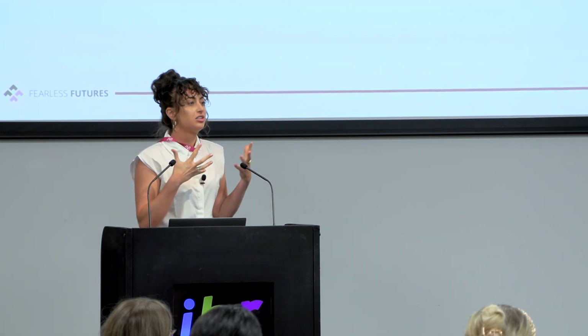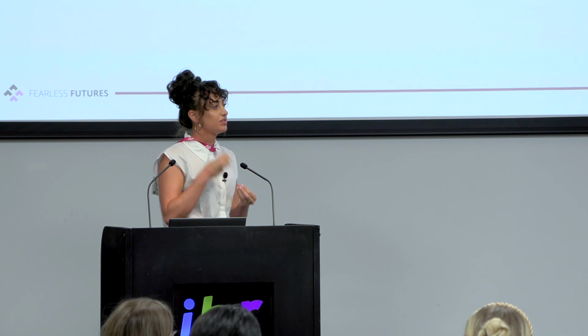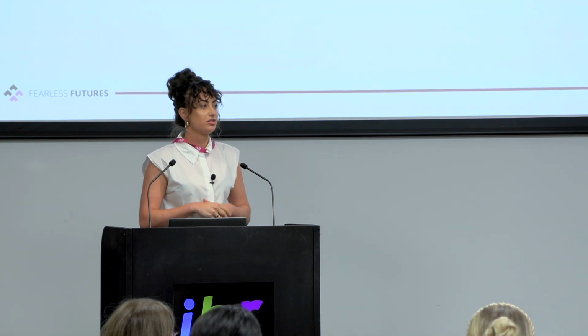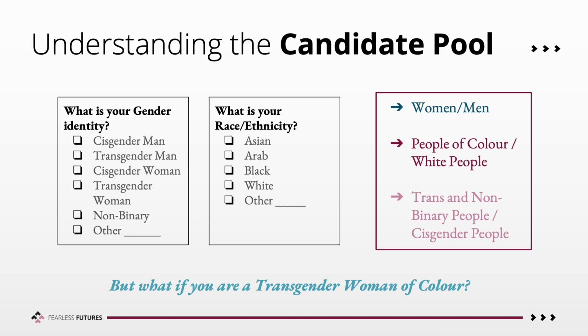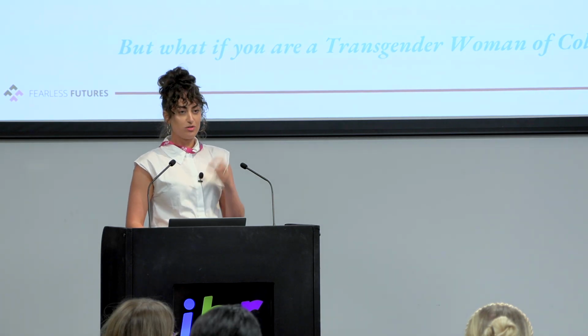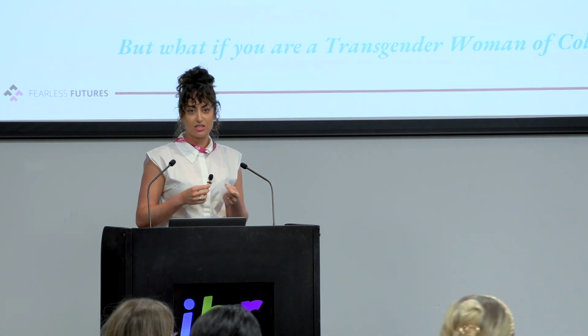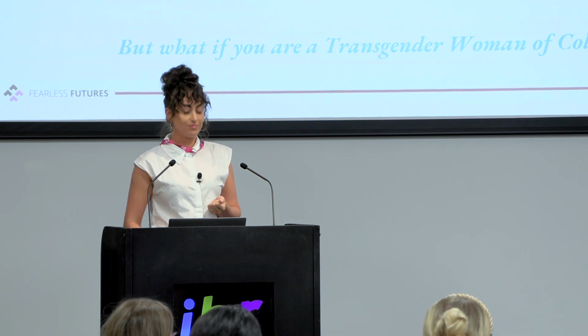From there, we may start to design or tweak our initiatives and our programs across recruitment for people of color, for women, for trans and non-binary folks. But what if you are a transgender woman of color? How does this approach serve to make visible your lived experience across a recruitment process?